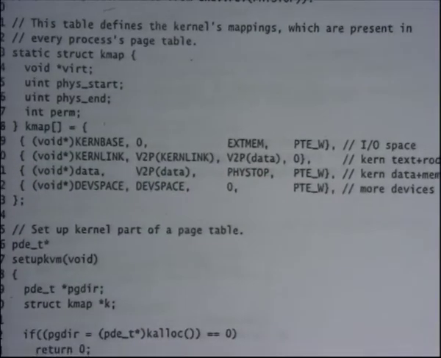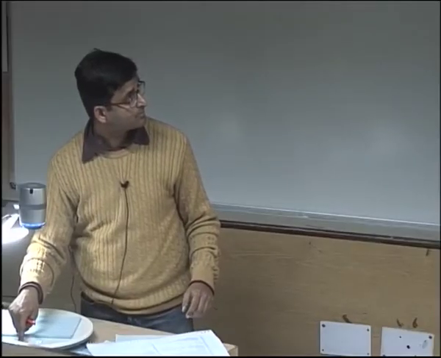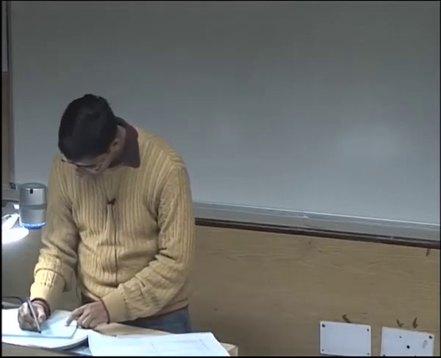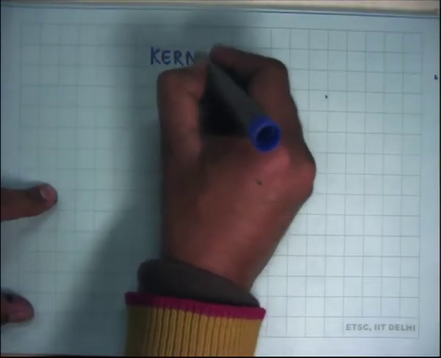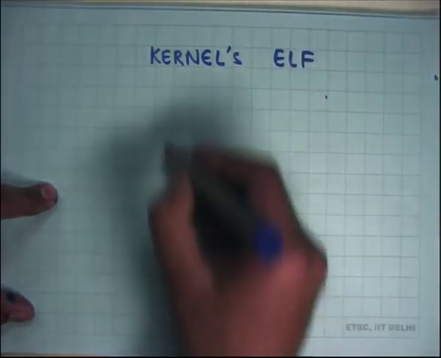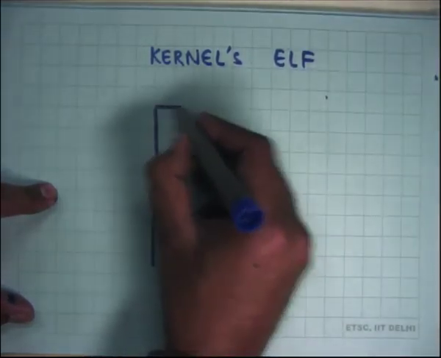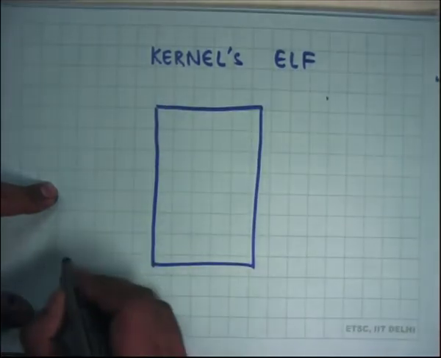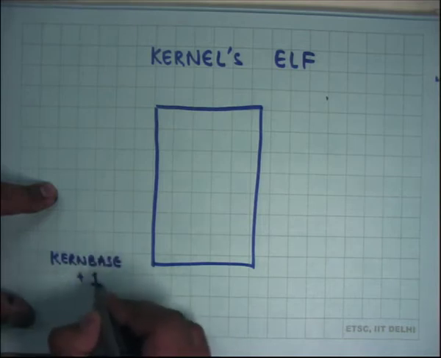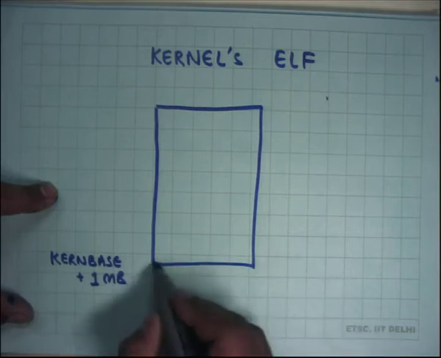So the kernel's ELF has been organized in such a way that this is kern base plus 1 MB, the start address.